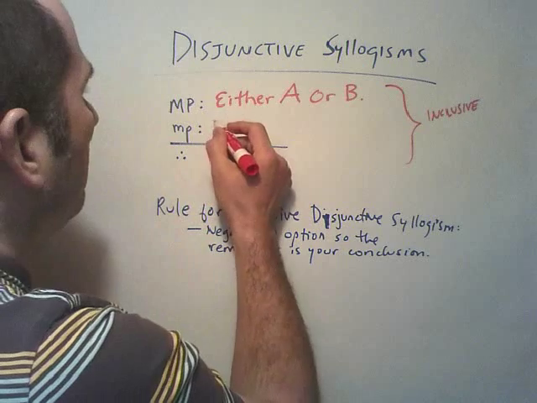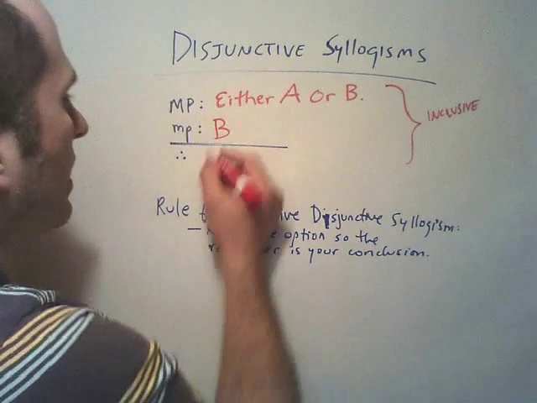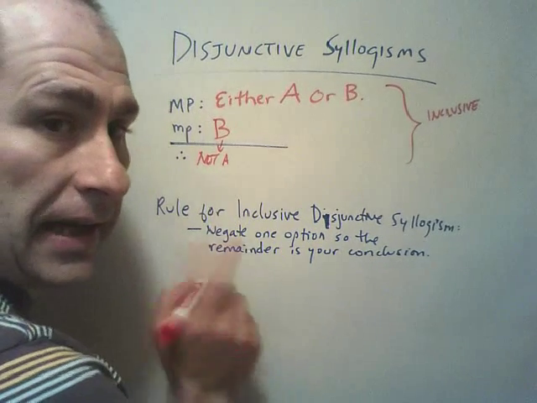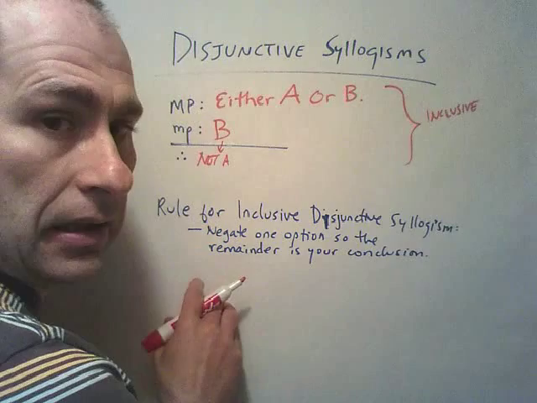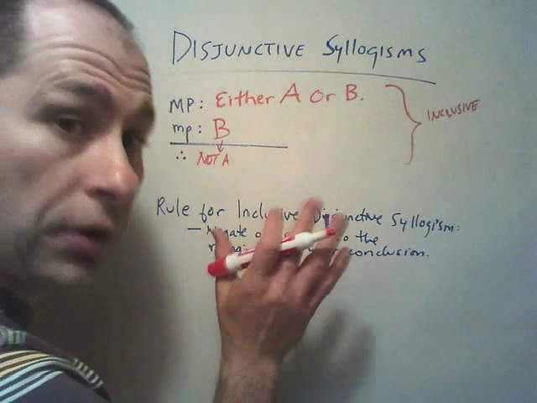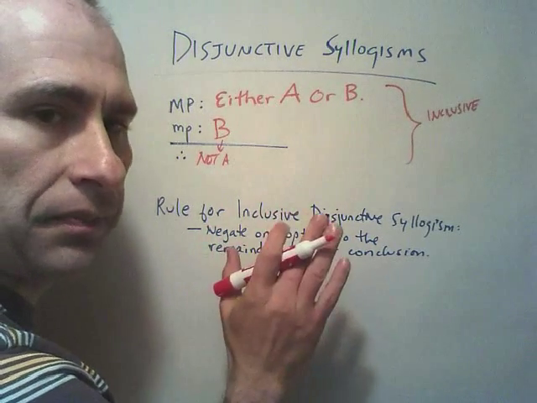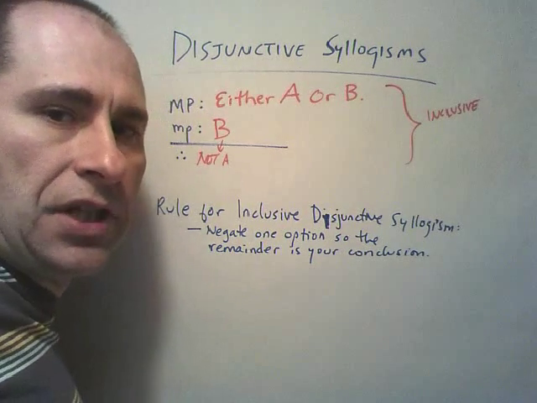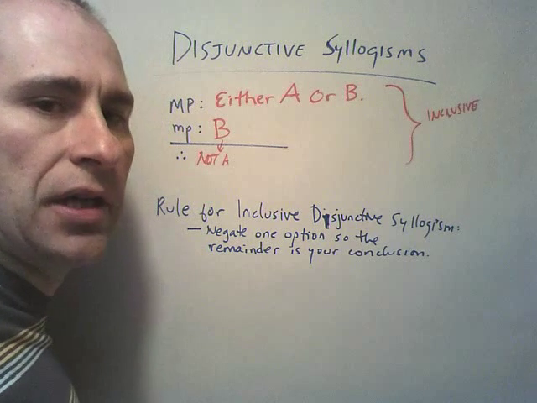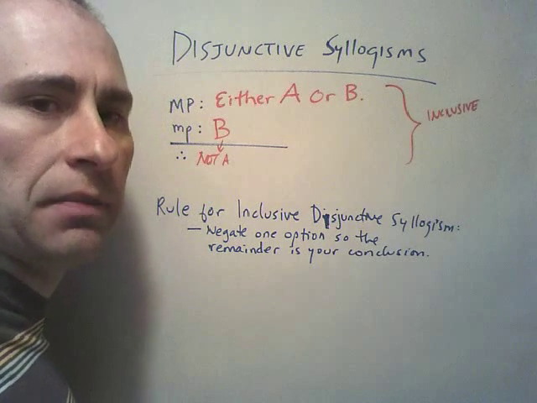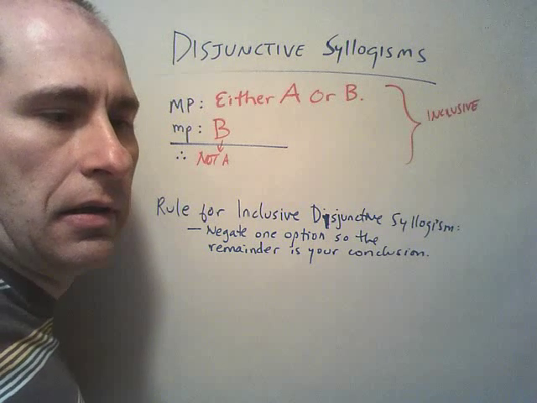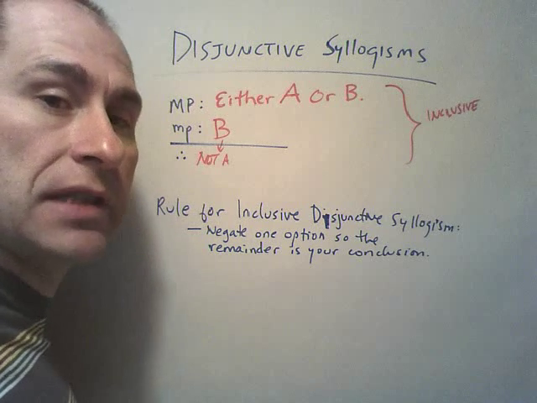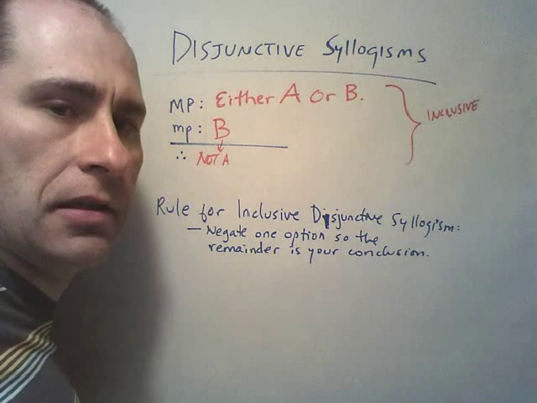So in other words, if I put B up here, then I cannot say, oh, therefore not A. I can't say that, not if it's inclusive, because remember, both can be the case at the same time. So think of the disjunctive syllogism: it is raining or it is 5 o'clock p.m. Well, can't it be raining right at 5 o'clock p.m.? Can't both of those states be met simultaneously?